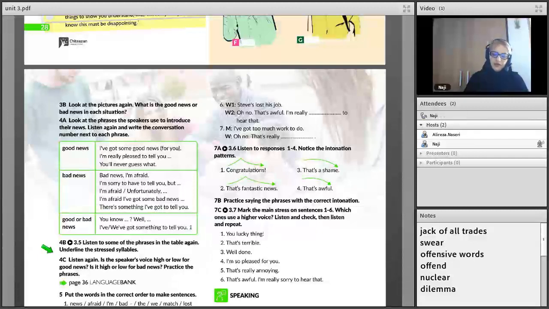Okay, so I'm starting from the beginning. Look, here the first one, got and news should be underlined. Next one, really pleased, and also tell.